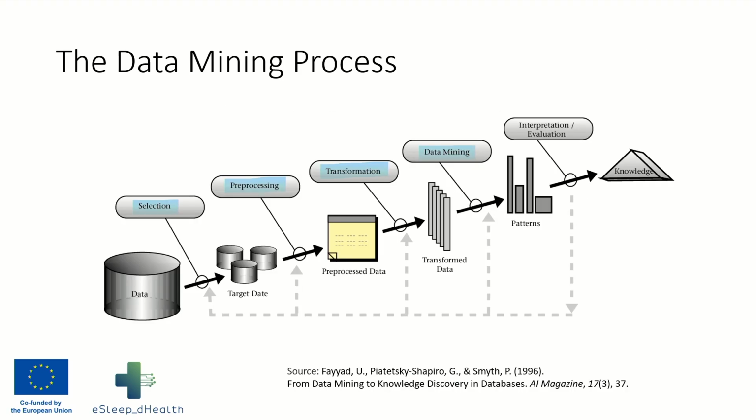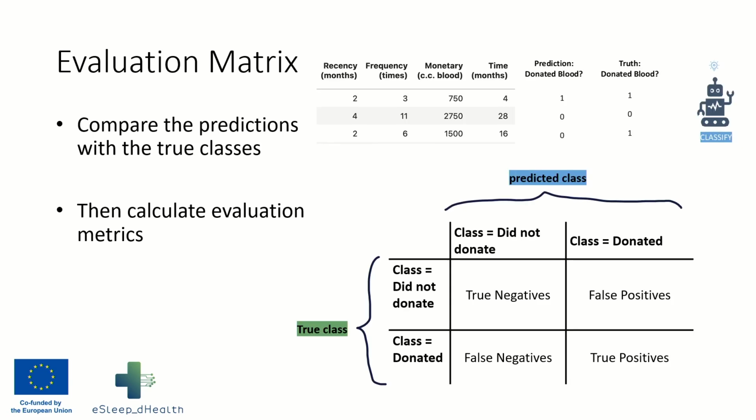Good. And then we're almost at the end. The next step is the interpretation and evaluation. So if you remember this example from the blood donors, we predicted a label, is a person a donor or not? And then we also have the truth label.